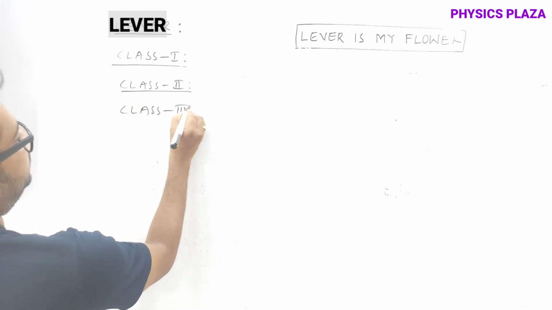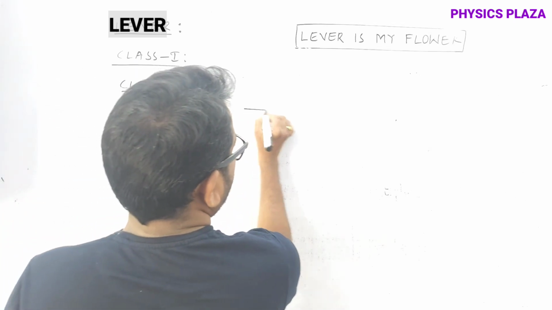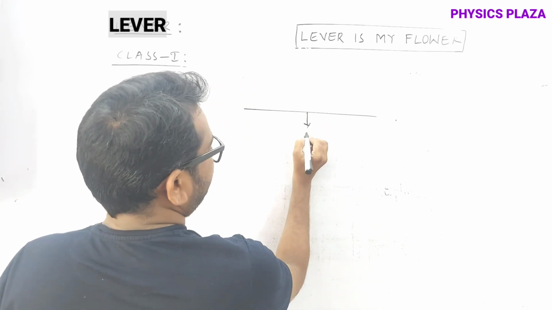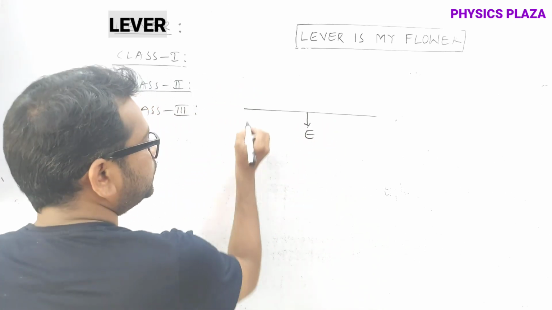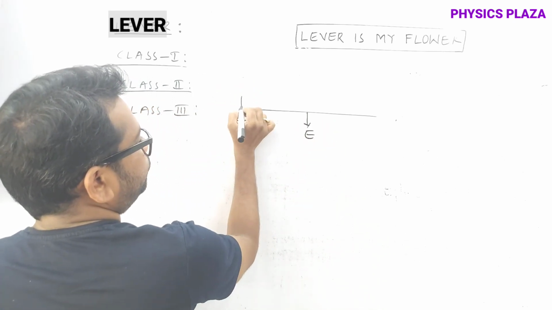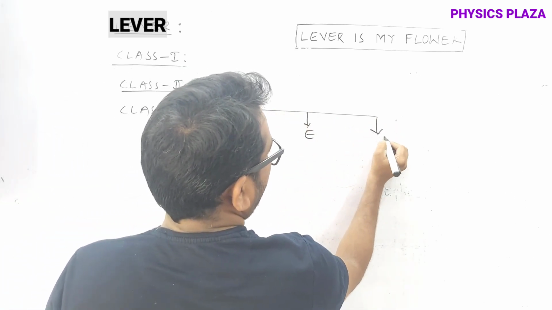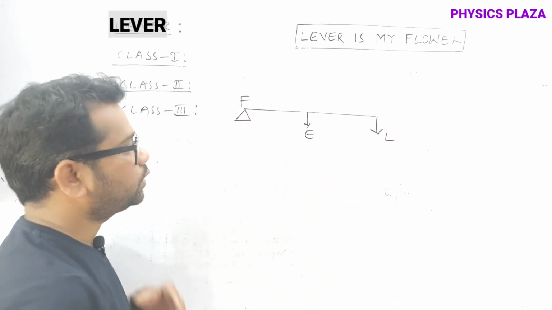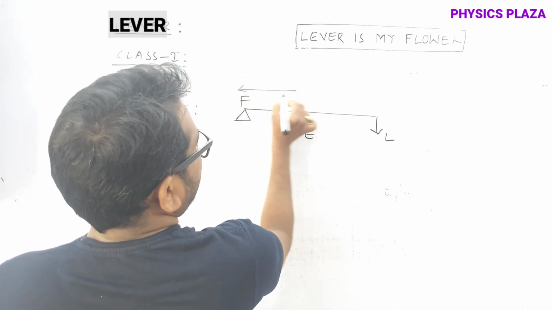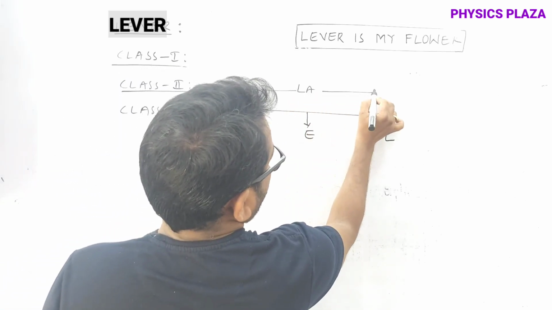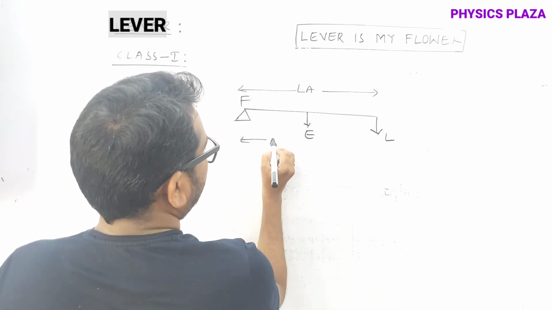Class 3 levers. For a class 3 lever, children, the effort will be in the middle, with the fulcrum and load on either side. This will be the load arm and this will be the effort arm.